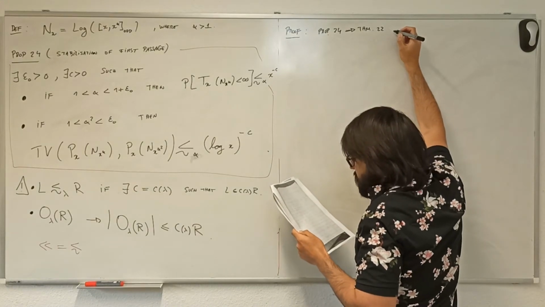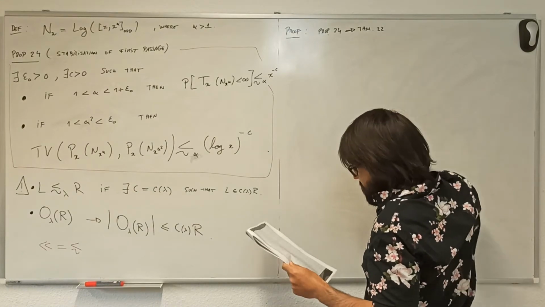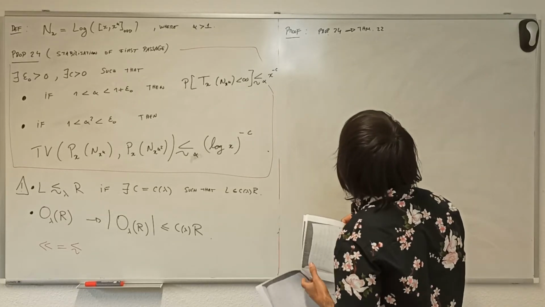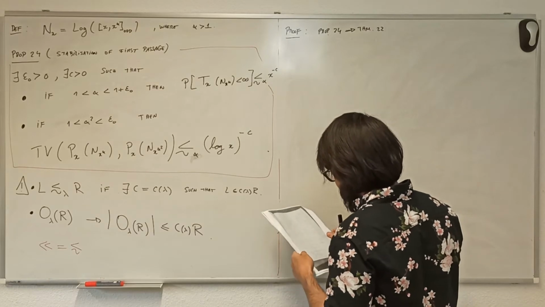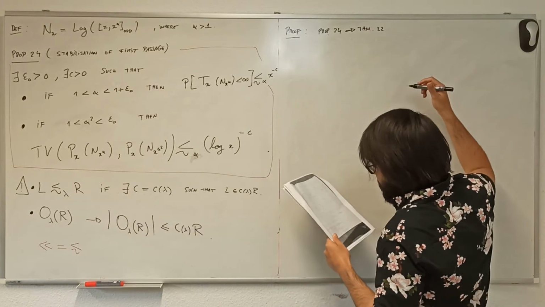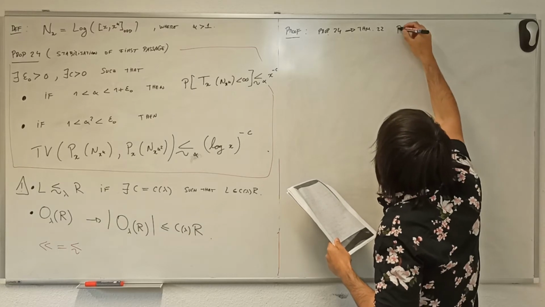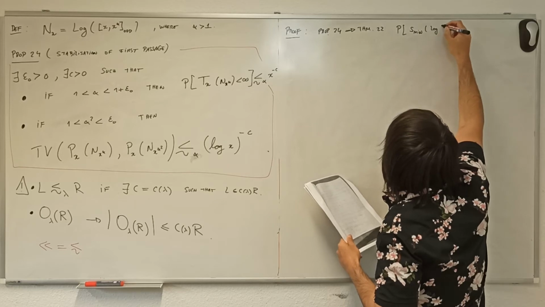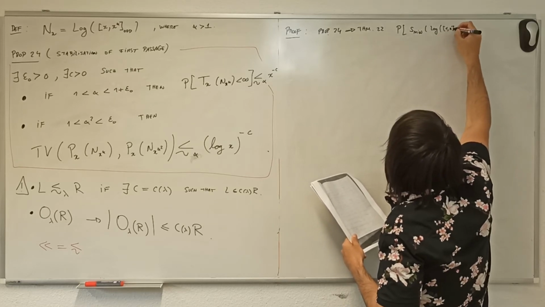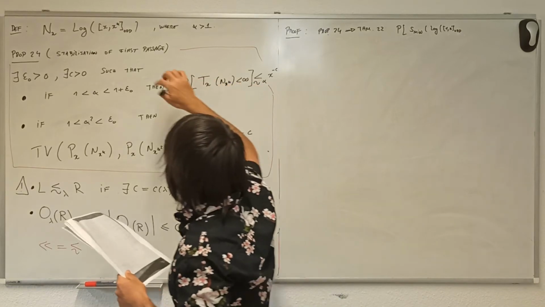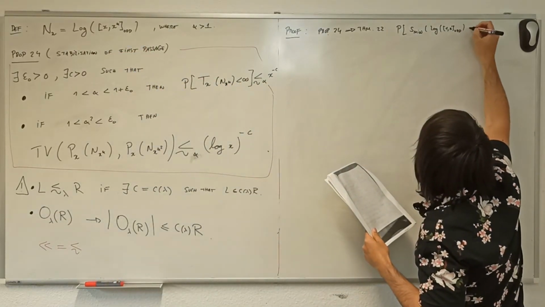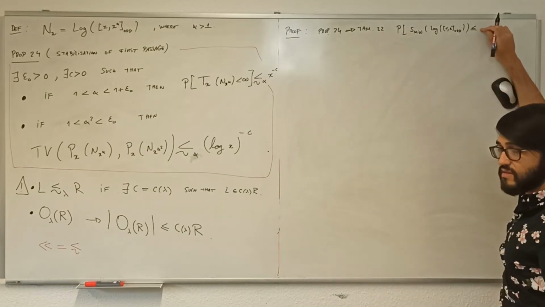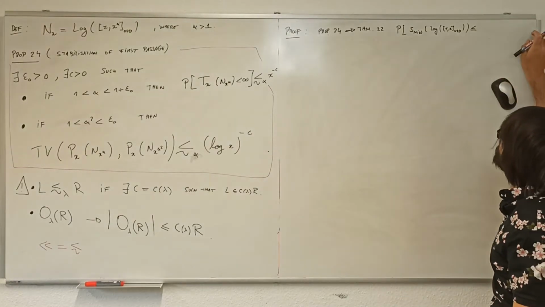Theorem 22 is saying that the probability that the mean of log of 1 over x only over the odd, I should put odd, I put odd already here, yes, is less or equal than some constant c delta is greater or equal than 1 minus delta.